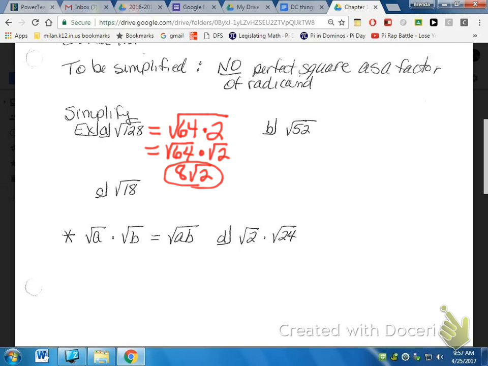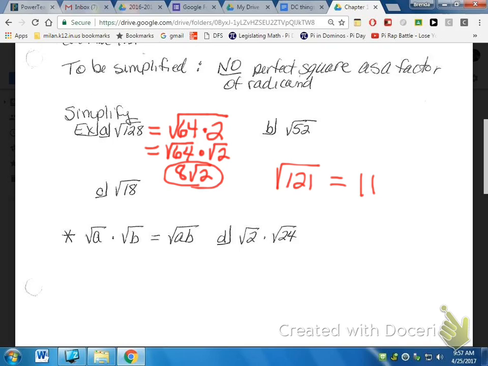If you use the square root of 121, then it would just be 11, right? If it's a perfect square, then you just change it to an integer. But for the 128, if instead of using 64, we use 121, 121 is not a factor of 128.